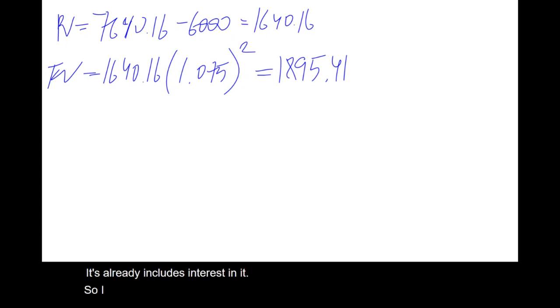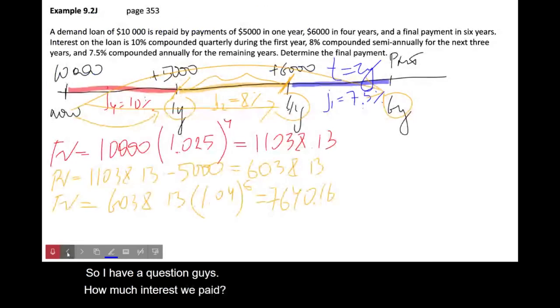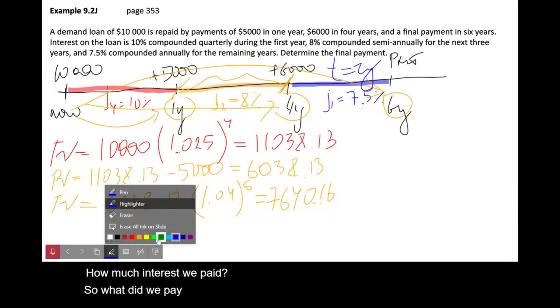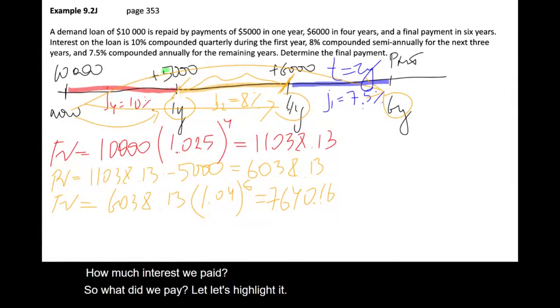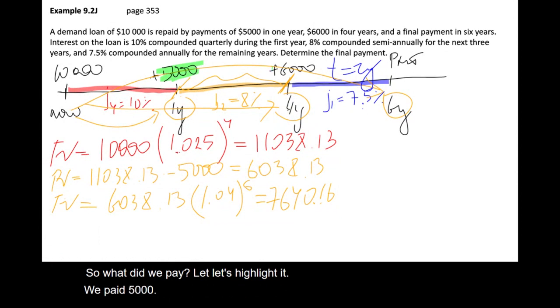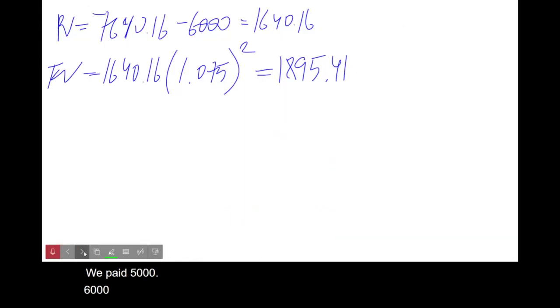So I have a question, guys. How much interest did we pay? So what did we pay actually? Let's highlight it. We paid 5,000, 6,000, and this.